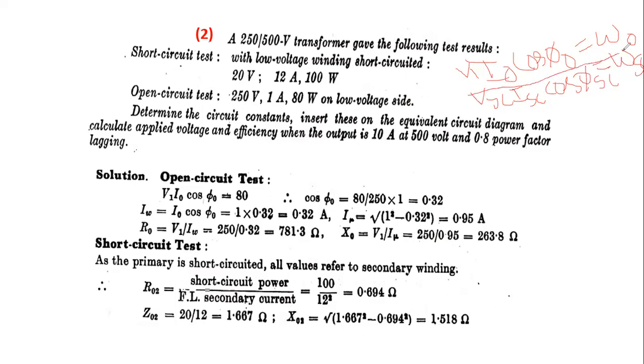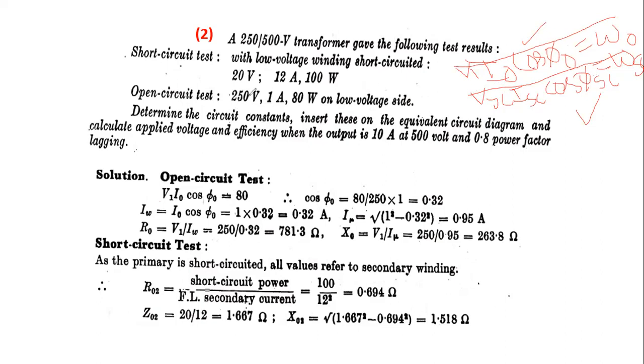This all will be obtained from the SC test and the other from the OC test. If we are calculating cos phi naught, we use the first formula, and if we are calculating cos phi SC, we use this formula. First we calculate the cos phi naught value, then we use V1 I naught cos phi naught. What is the V1?